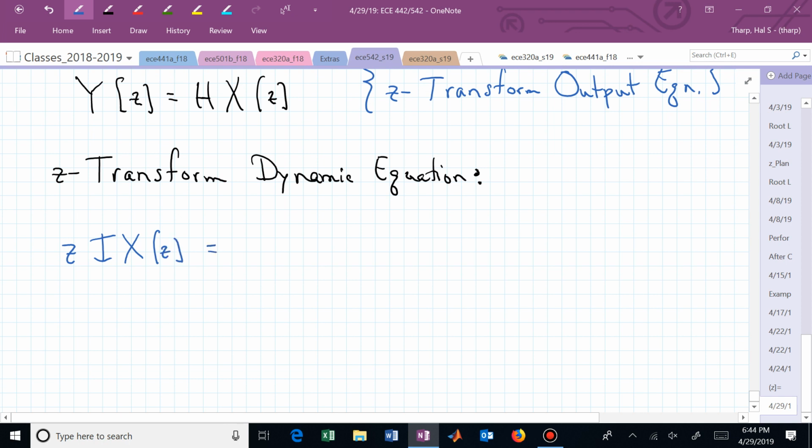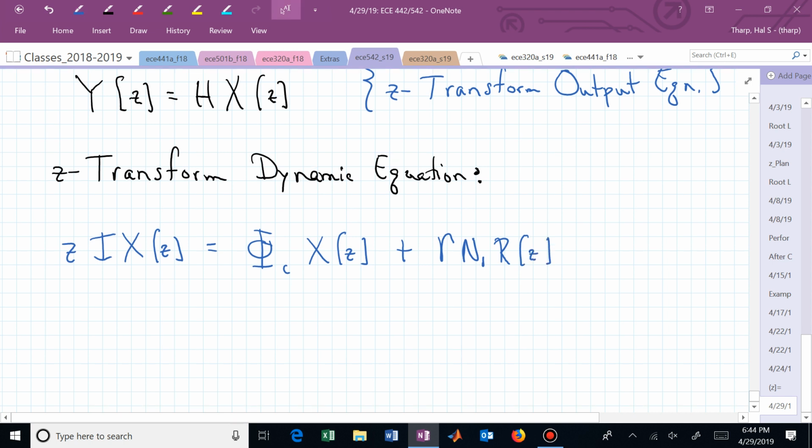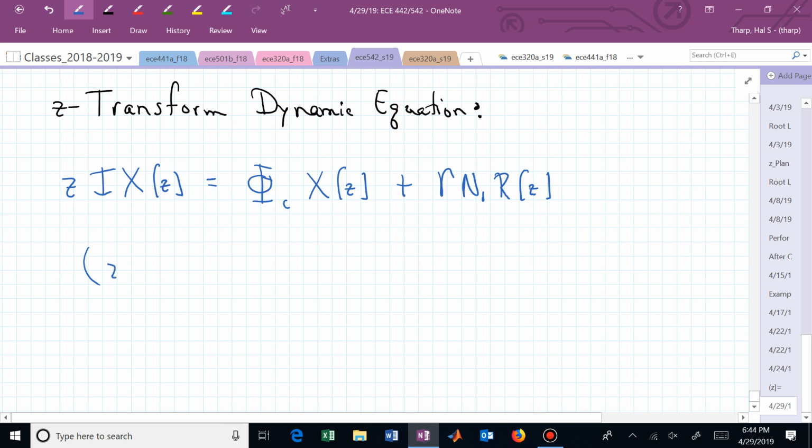It's really Z times X of Z. That's the Z transform of little x of L plus 1 equals phi sub C X of Z. I'm going to go ahead and absorb all the phi, gamma, and k into this closed loop system matrix phi sub C plus gamma n1 R of Z. And you know the drill. Let's now combine the terms that contain X of Z.